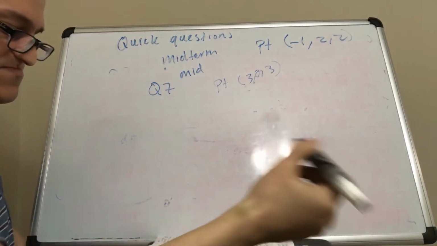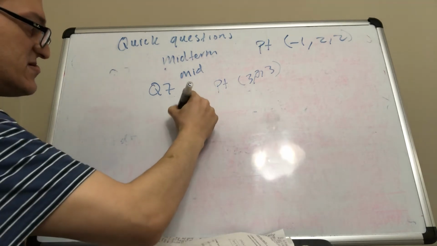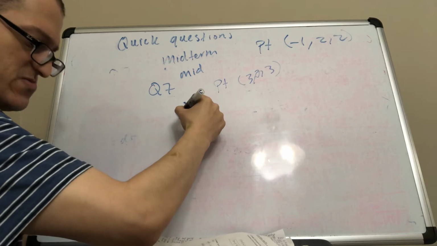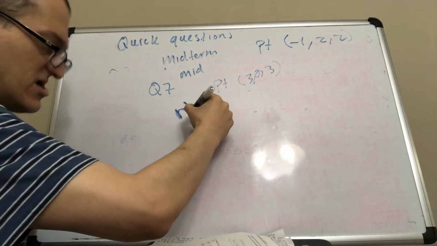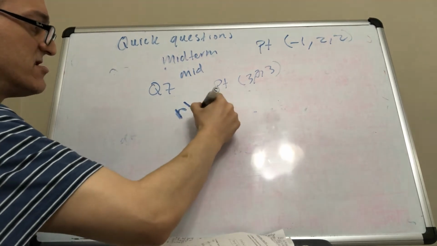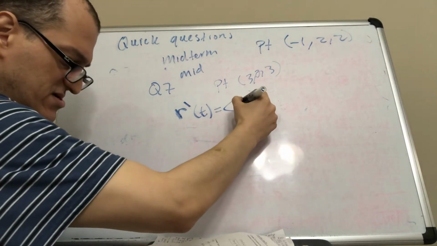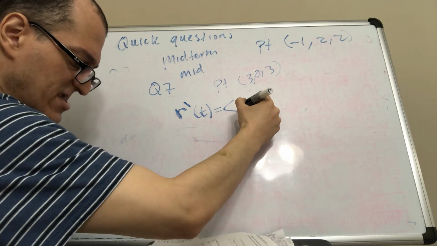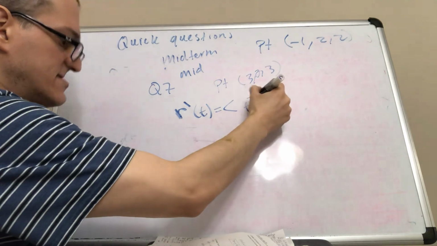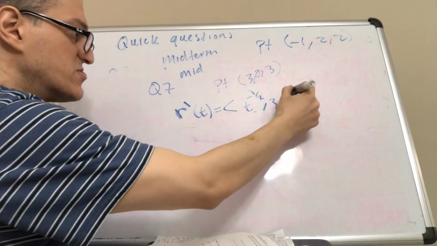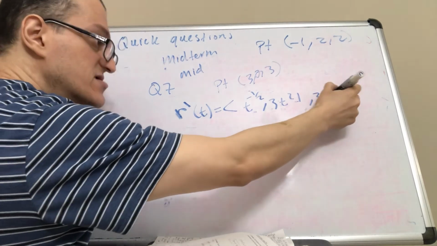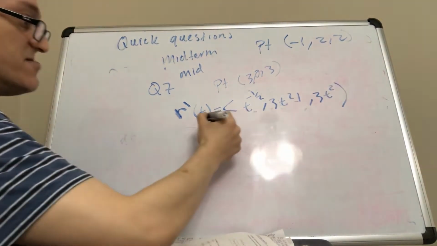Now we need a vector. Since we know it's tangent to this, all you need to do is find the derivative of this and plug in t. The derivative of this would be, for the first one, half times 2, so 1, t to the negative half; then 3t squared minus 1; and 3t squared.